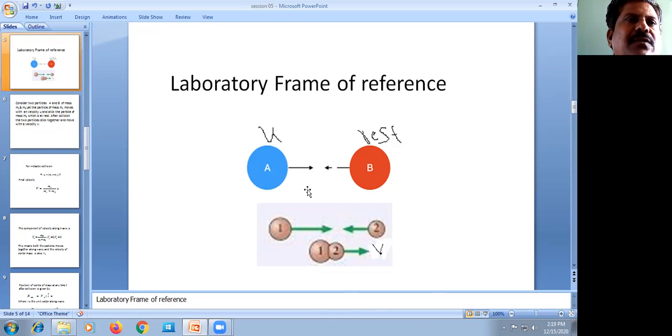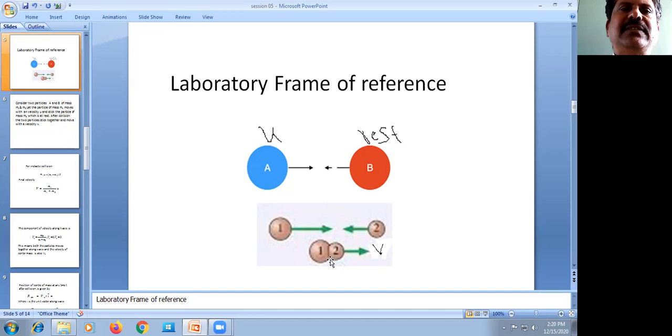So m1 is moving with velocity u, and it collides with particle B having mass m2, which is at rest. After colliding, those two particles stick together. In case of elastic collisions, the two collided particles do not stick together.